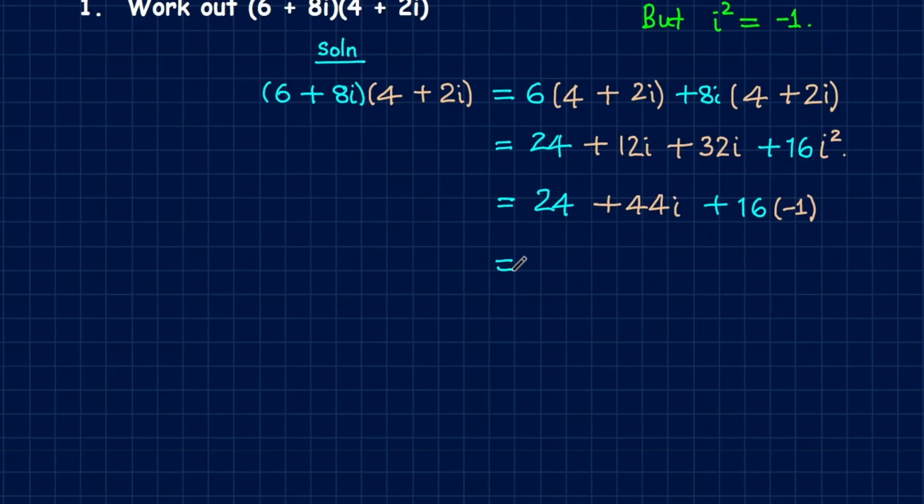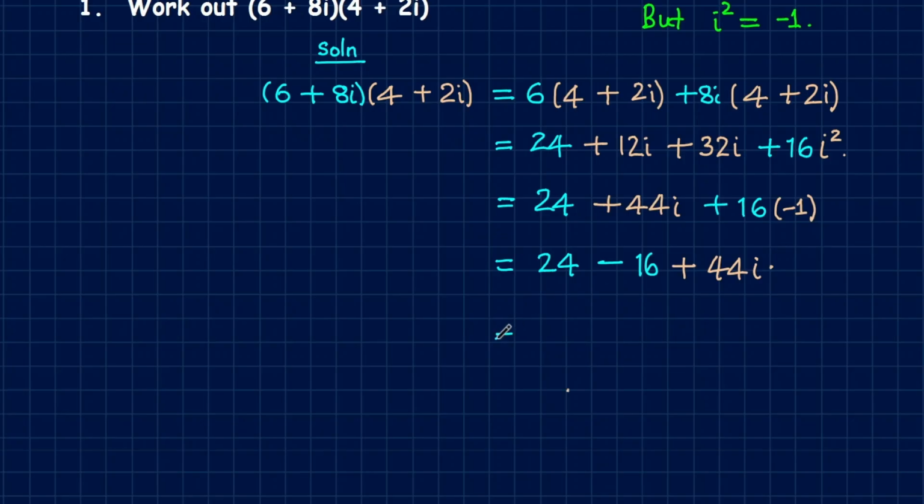So here we'll have 24 minus 16, because positive times negative is negative, and we have there 16. And our imaginary part here is already simplified, so we simply copy it down. We have our 44i. So we're just simplifying our number here.